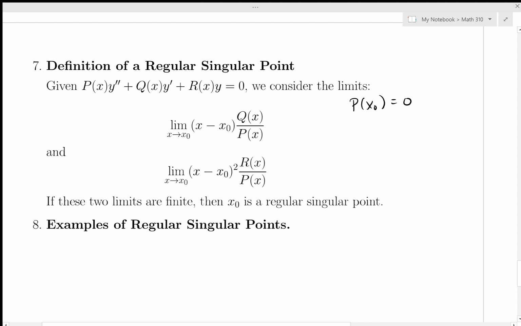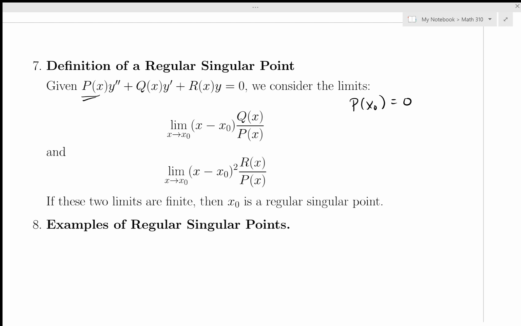We look at this function here and observe for which values that thing is equal to 0. Then we take the limit as x goes to x naught of q of x over p of x, and the limit as x goes to x naught of x minus x naught squared times r of x over p of x. If both of those limits are finite, then x naught is a regular singular point.